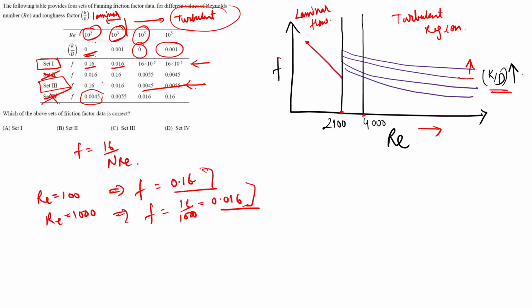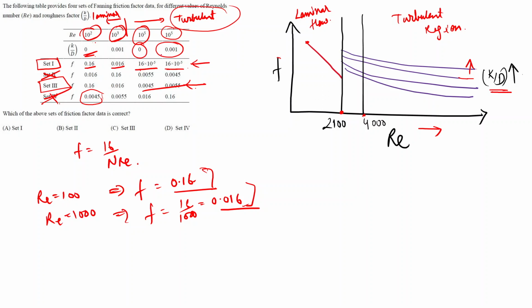Now for set 1 and set 3, we can see the value of the Fanning friction factor in the table. For set 1, for Reynolds number of 10 raised to 5, the friction factor is 16 into 10 raised to minus 5, and again for the same Reynolds number of 10 raised to 5 with a different roughness factor, that is 0.001, we have again been given the friction factor as the same, that is 16 into 10 raised to minus 4.